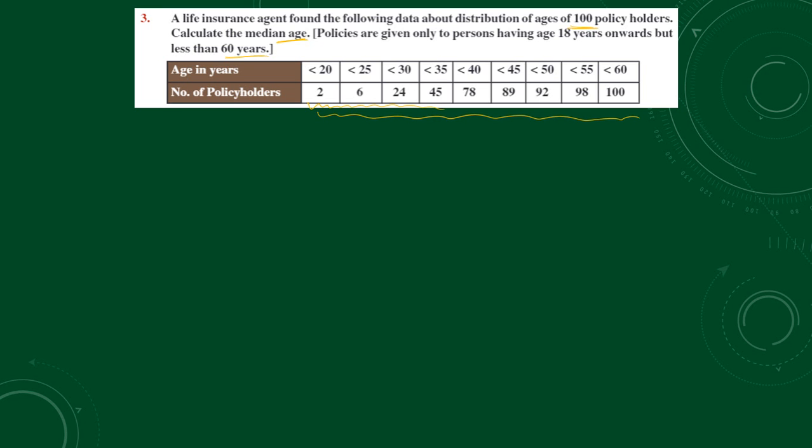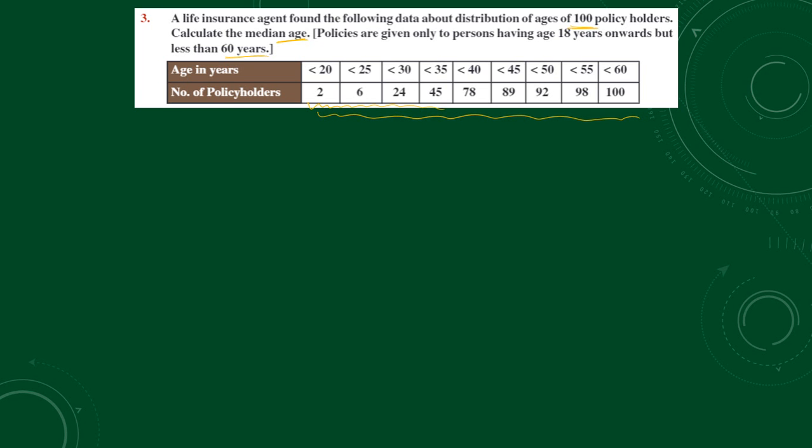So if they are in ascending order, you need to understand that cumulative frequencies are given in the question. Which type of cumulative frequency is it? Since it is increasing in ascending order, he has given less than cumulative frequency, or simply cumulative frequency.